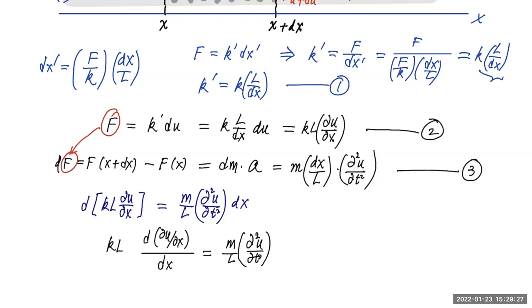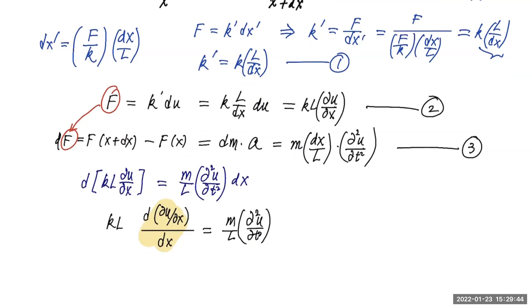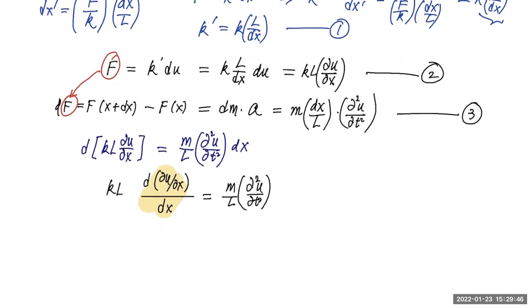But wait a minute, what is this? This, by definition, from calculus, we know what this is. This is just the first derivative of partial u partial x, which becomes the second derivative.